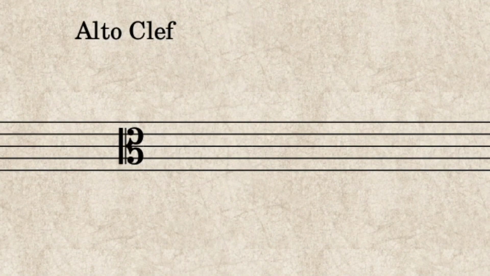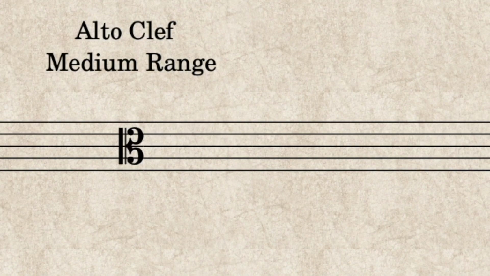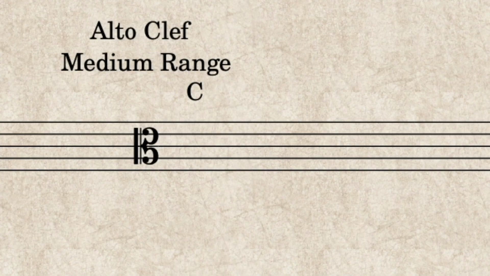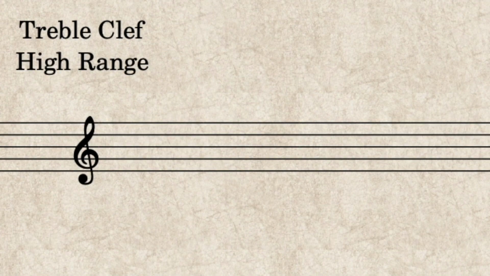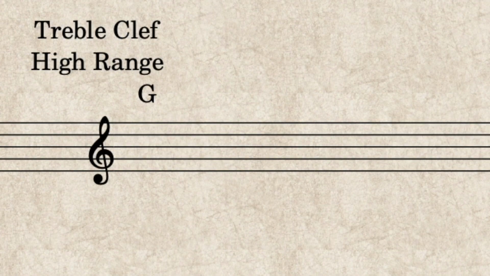An alto clef is used for the medium range, and it indicates that the middle C, tuned at 261.6 Hz, is placed on the 3rd line from bottom. Then, for the high range, a treble clef is used to indicate that the note G, tuned at 392 Hz, which is over the middle C, is placed on the 2nd line from the bottom of the staff.